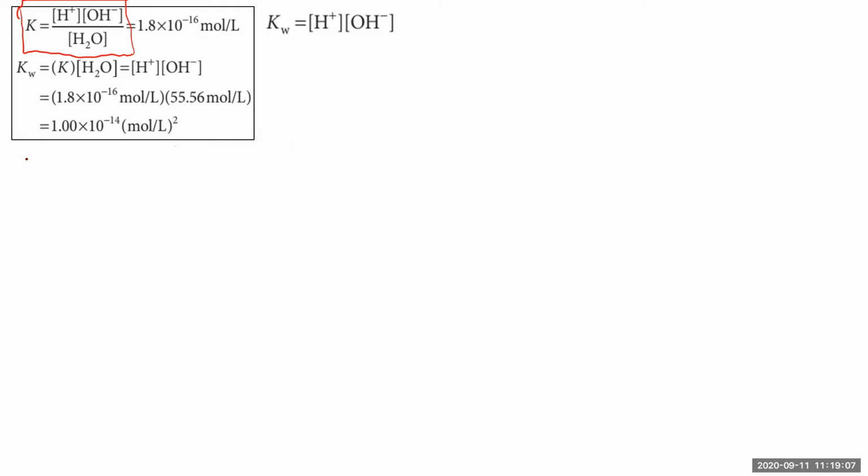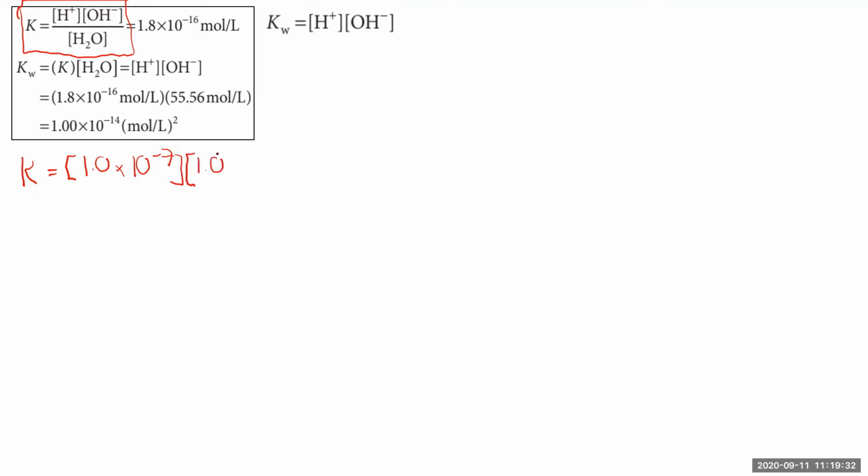So we have here the ionization constant is equal to, for hydrogen ions, 1.0 times 10 raised to the power of negative 7, multiplied by the concentration of hydroxide ions, which is similar to the hydrogen ions.